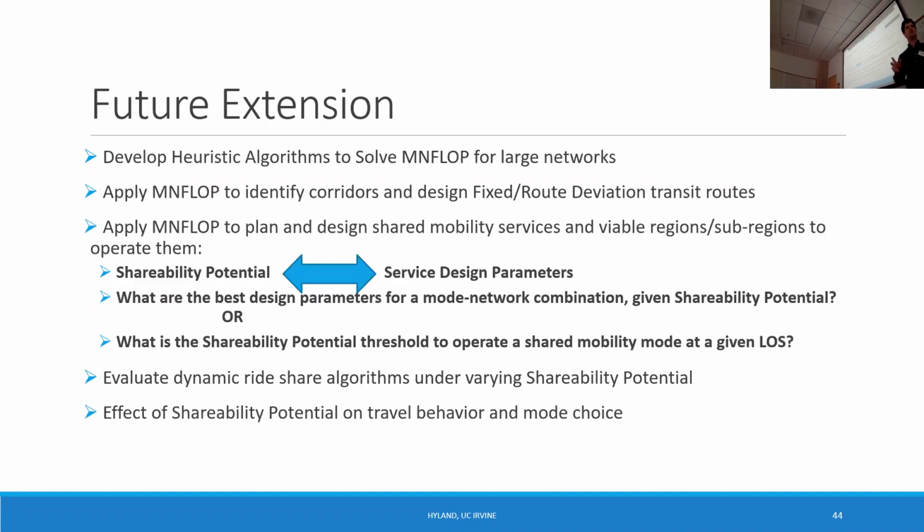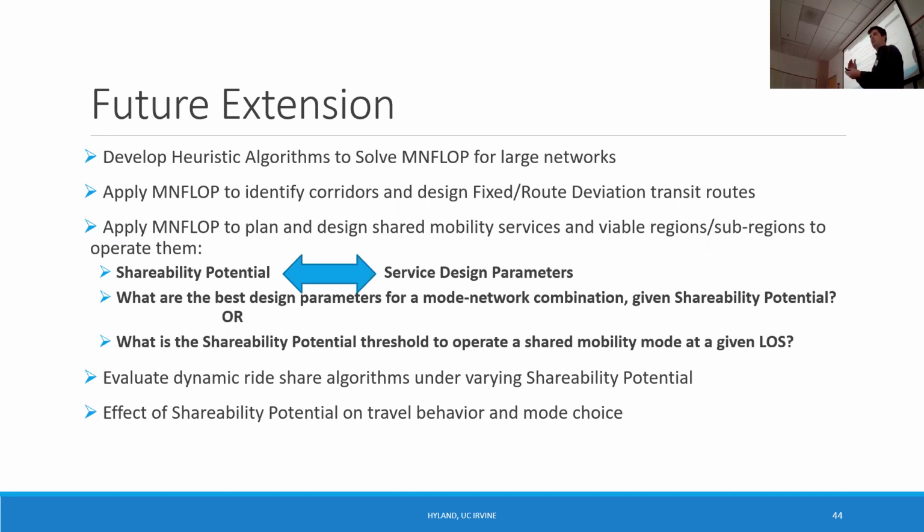Okay, so extensions, we want to use heuristic algorithms because we can't really solve large problems. We can only solve relatively small problems. And then we want to use this to help make design decisions. I already covered the case for fixed route transit network design, but actually what Nav is working on right now is a transit feeder system where we do have the one to many nodes.